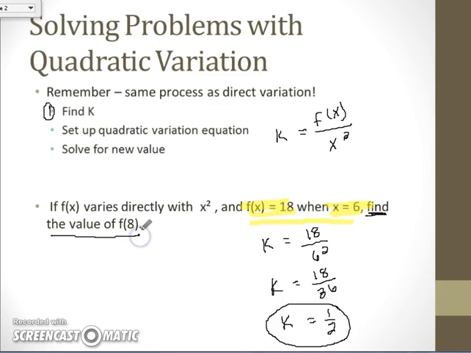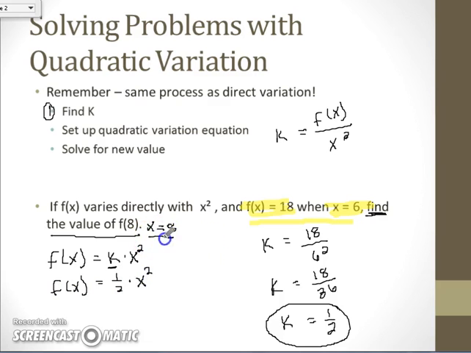This means you're evaluating the function when x equals 8. So using our quadratic variation equation, f of x equals k times x squared, we know that k is 1/2. So our equation that we're going to use for this problem is 1/2 times x squared.